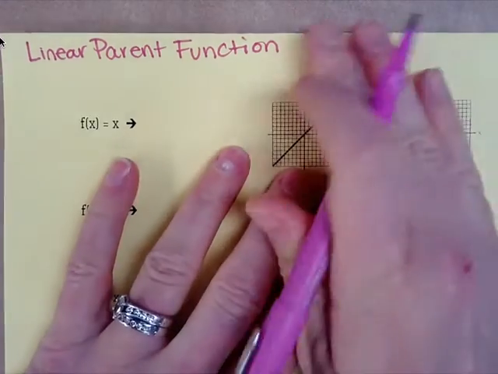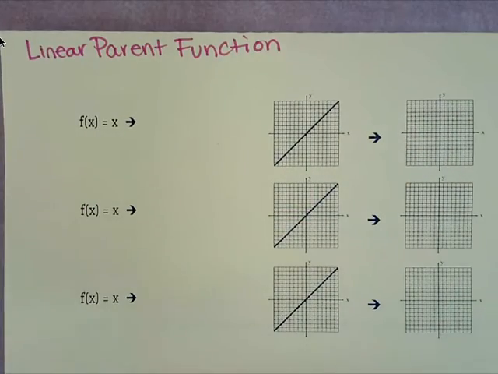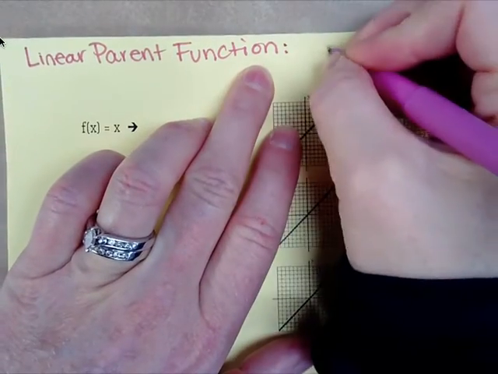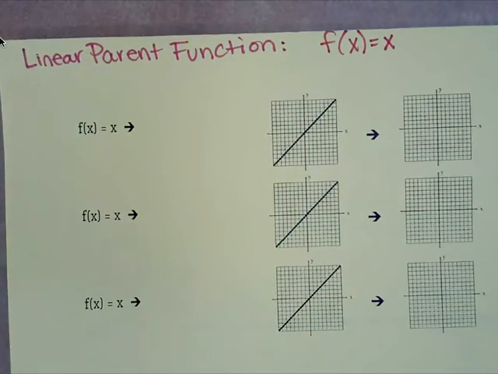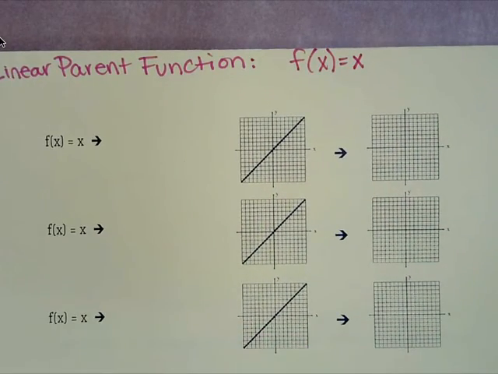So it is going to be the one that goes through the origin. It has a positive slope, and the slope is 1. So that is f of x equals x. It's the most basic linear function.